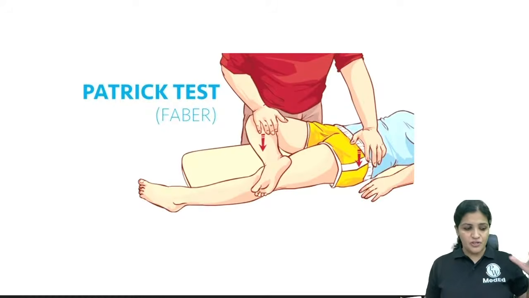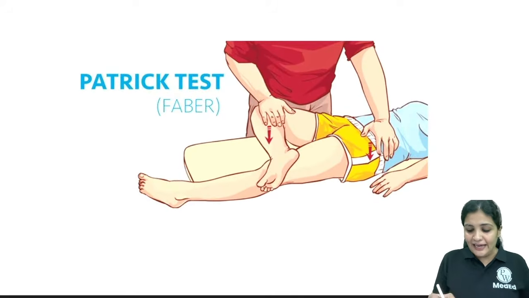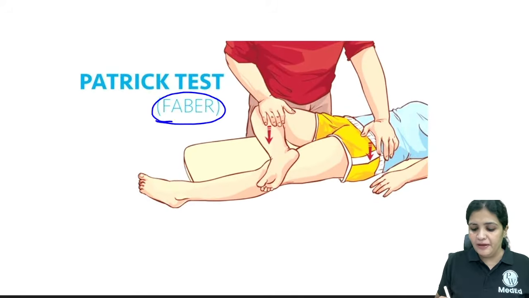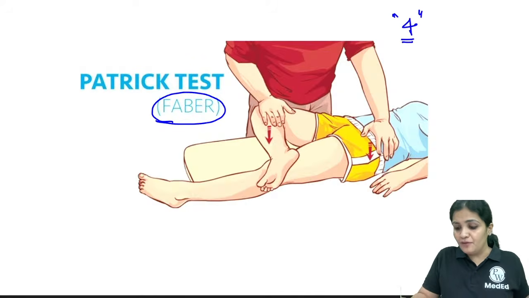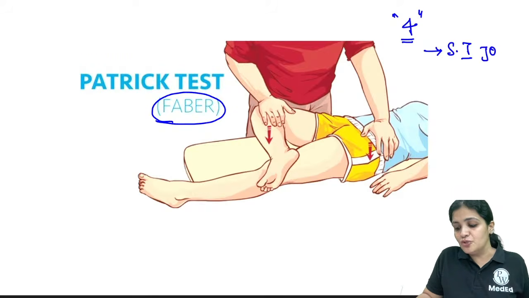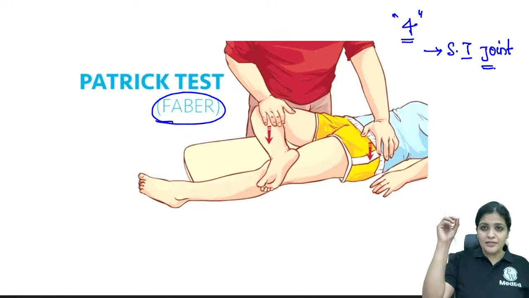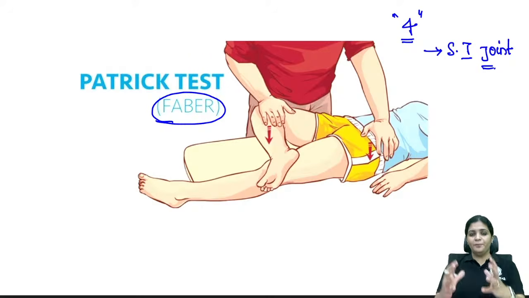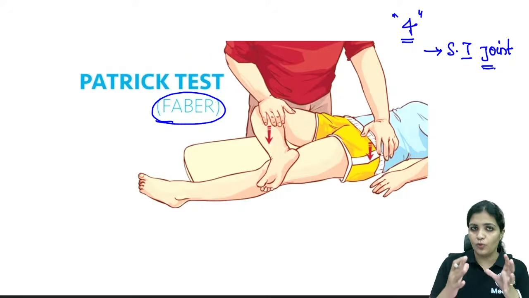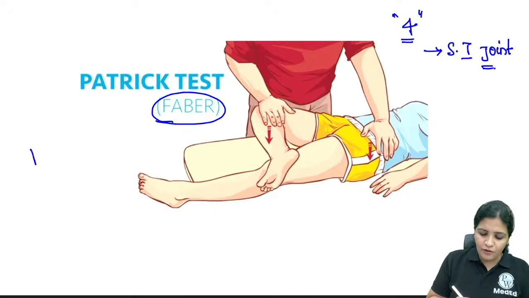And once your straight leg raising test is done, the second one what you have to do is your Faber test, figure of 4. So this is very important, and mainly important for which joint? This is mainly important to observe your SI joint. So now I have put the working diagnosis as ankylosing spondylitis, right? And now when I perform this Faber's test, also known as Patrick test, why it is called Faber?